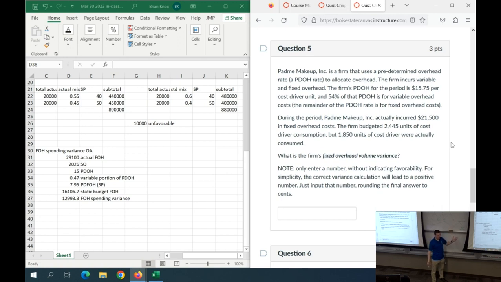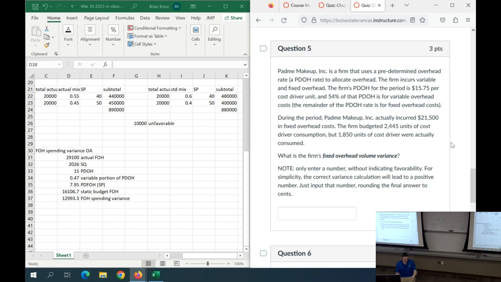Fixed overhead is fixed. We know already it's not going to move up and down with volume. And so this applied cost really is like a quasi-budget, but we're pushing it over here because it's more hypothetical than even the static budget. We wouldn't ever budget this amount because we wouldn't have assumed that it would move up and down with cost driver consumption, fixed overhead cost.